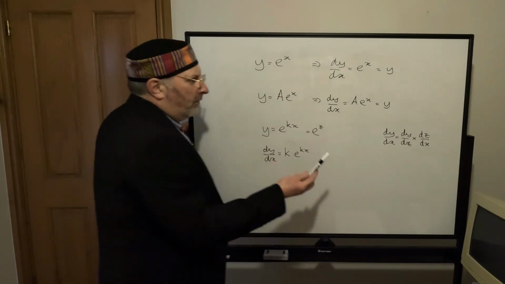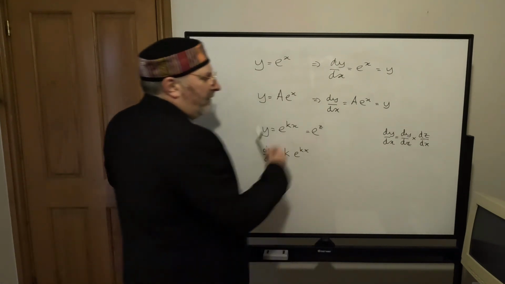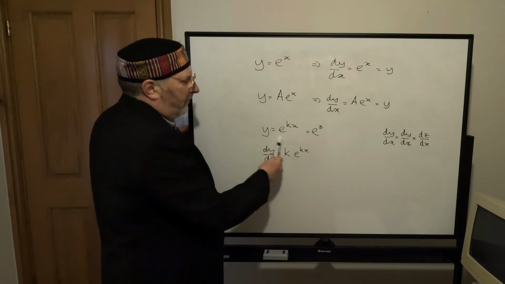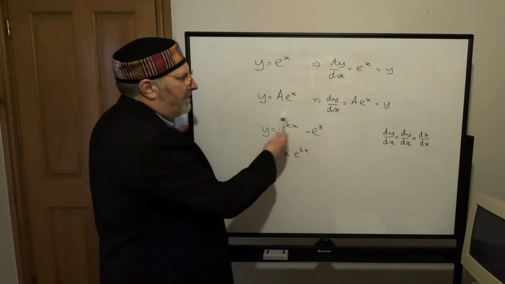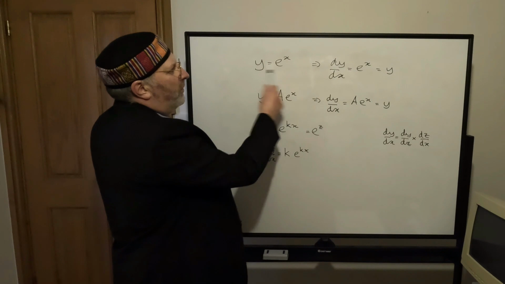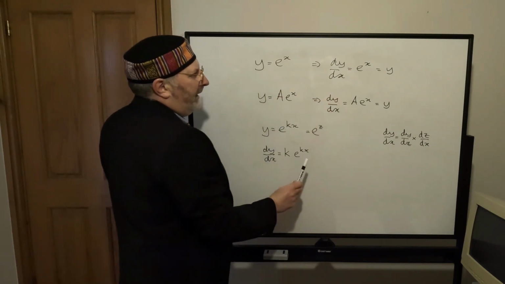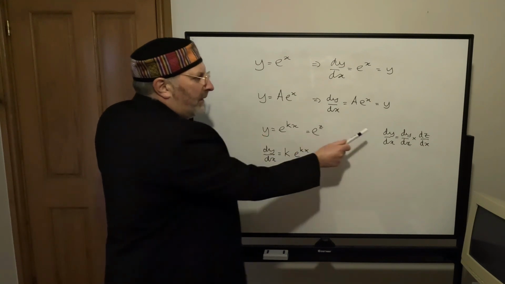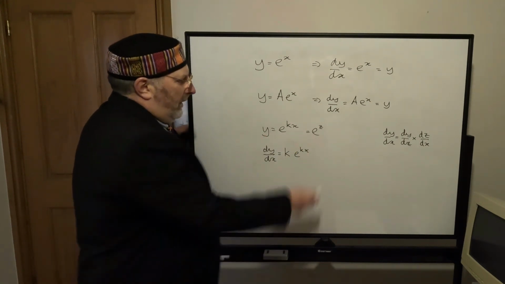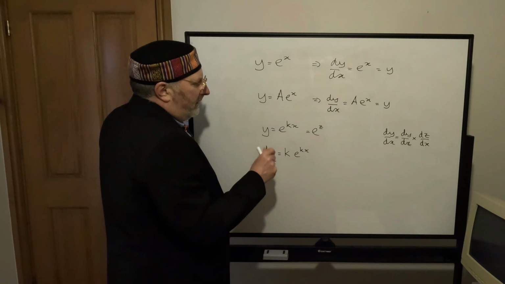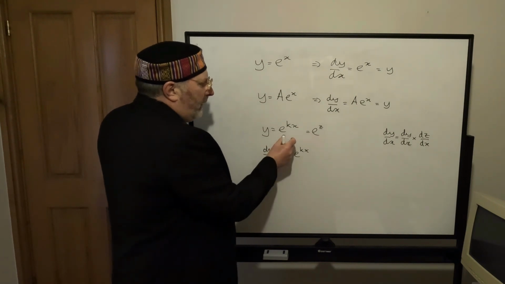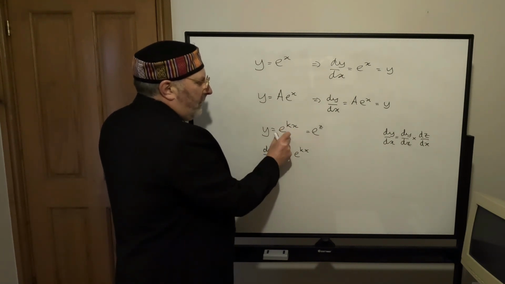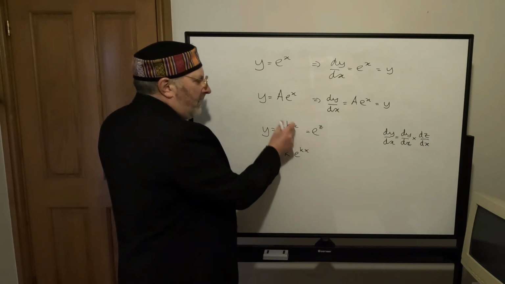And this chain rule is very useful in situations like that, where we've got to differentiate something that isn't immediately like something we know. We know that y equals e to the x gives dy by dx equals e to the x. We haven't got a rule for e to the kx. We can use the chain rule as we've just done. And the way we tend to think of it is that we differentiate the bracket.